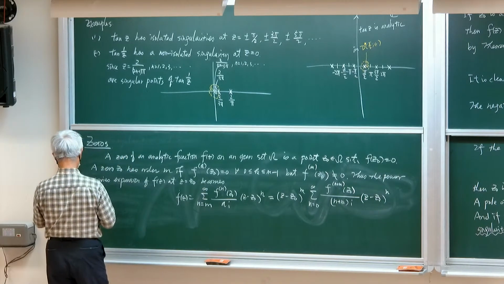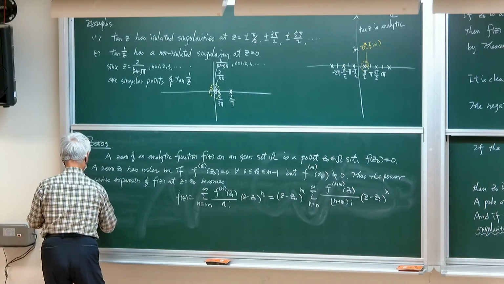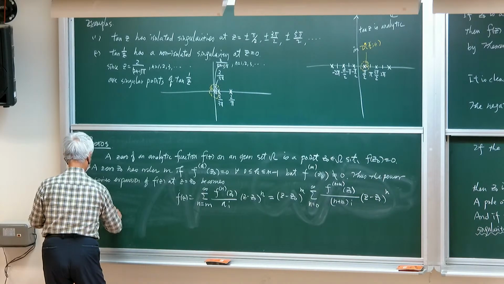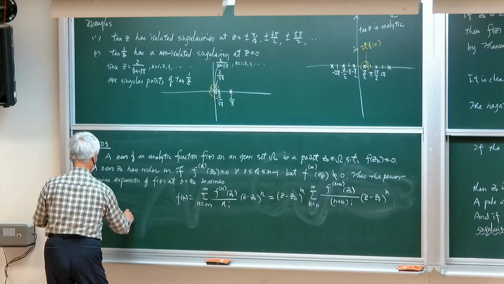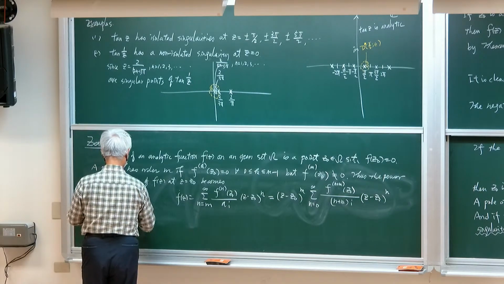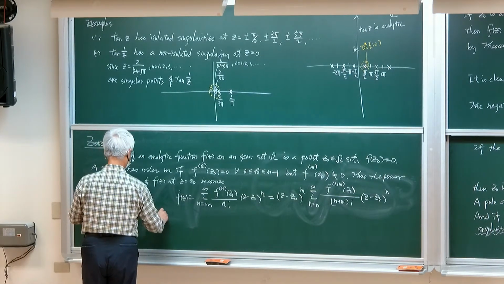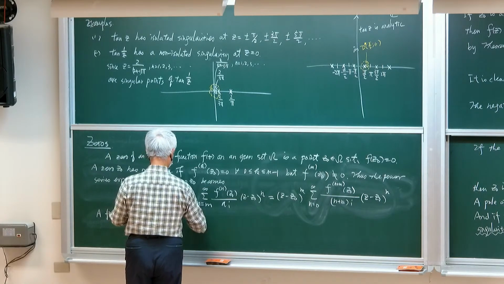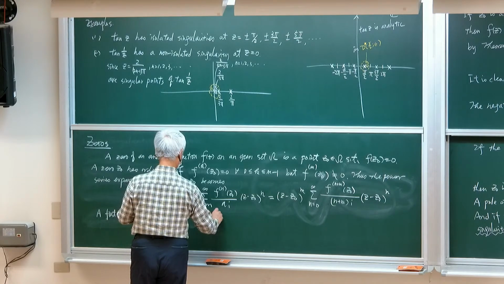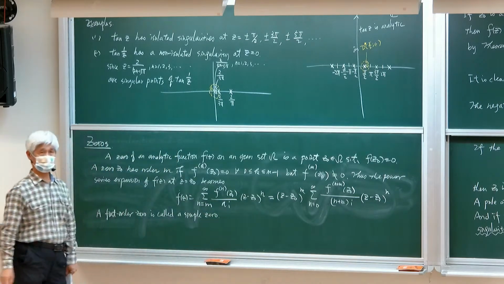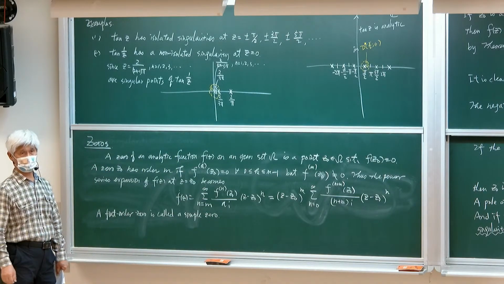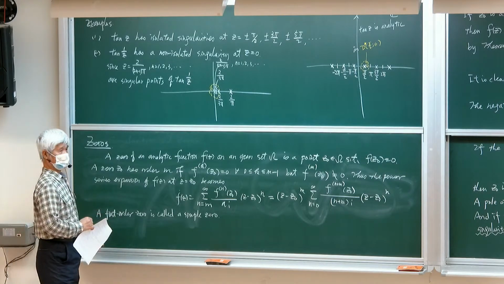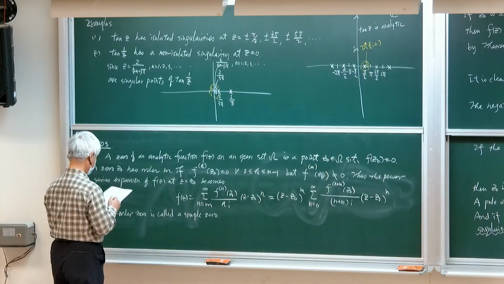Now, a zero of first order is called a simple zero, just like a pole of first order is called a simple pole.